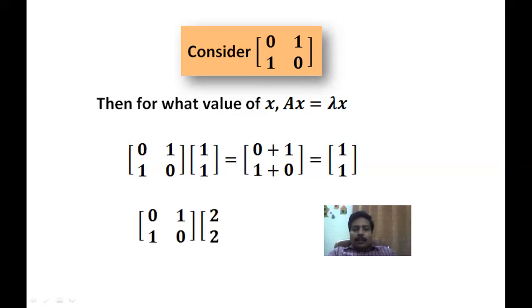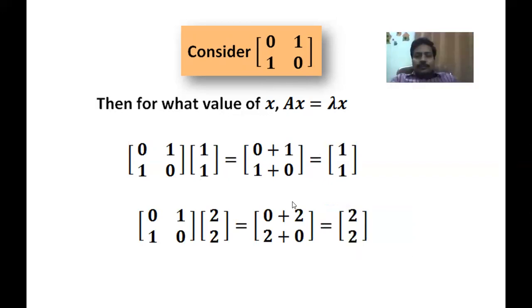Similarly, in place of 1, 1, if I take 2, 2, again I get 0 plus 2, that is 2, and 2 plus 0, that is 2. So if I take the vector 2, 2, the resultant vector is also 2, 2. So this is another eigenvector.